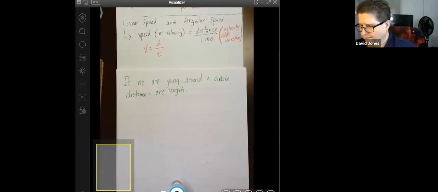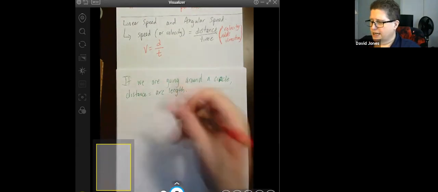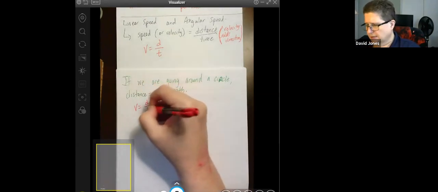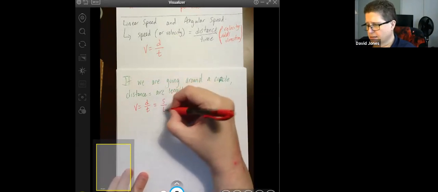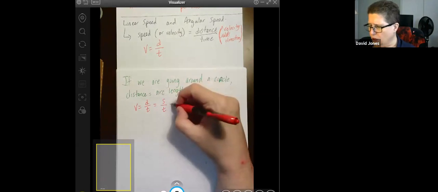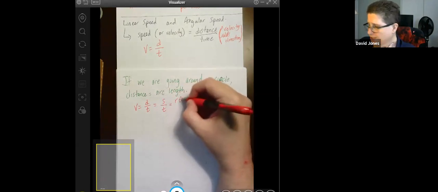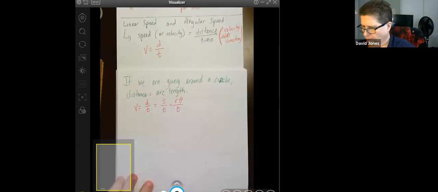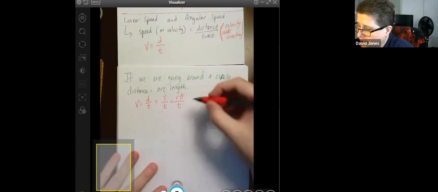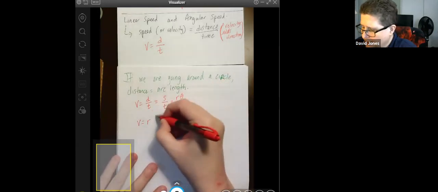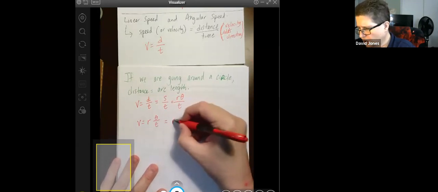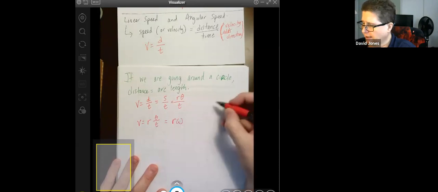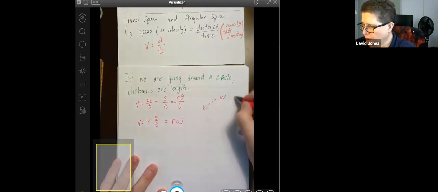So we've got V equals D over T, but D is S. And we know the equation for arc length is R theta, so V equals R theta over T. Frequently, they write it as R omega.